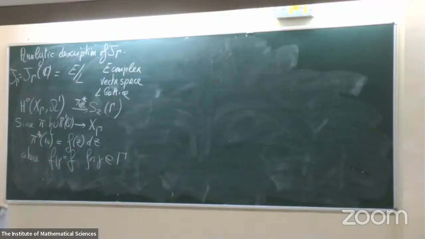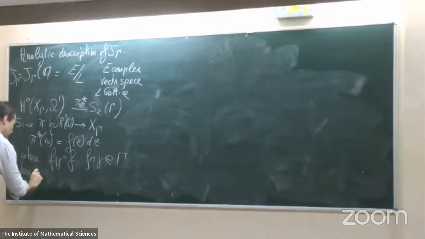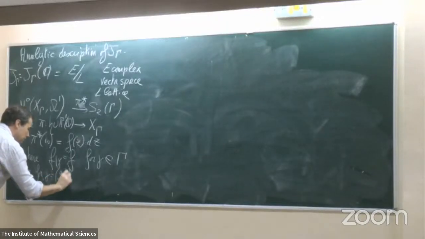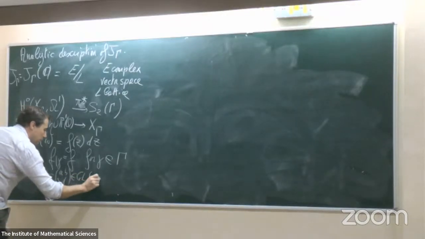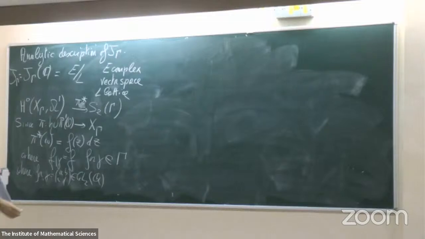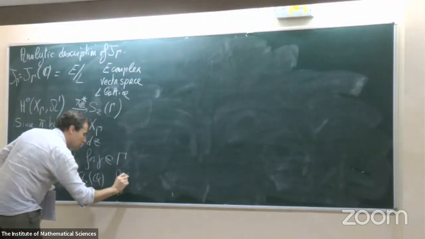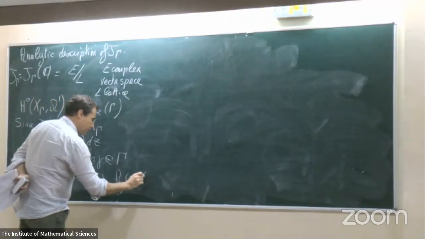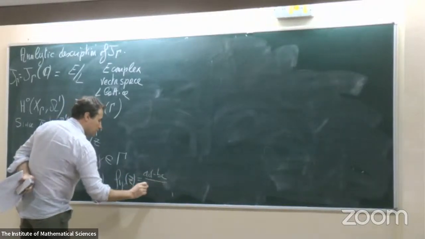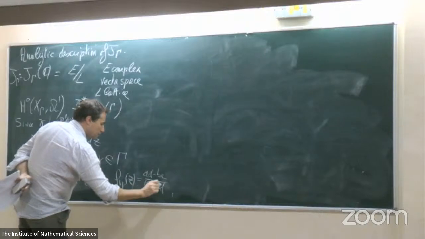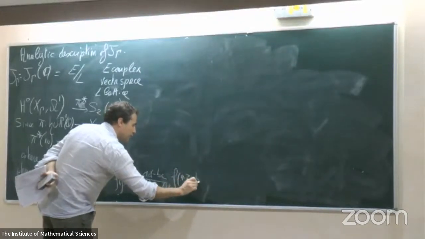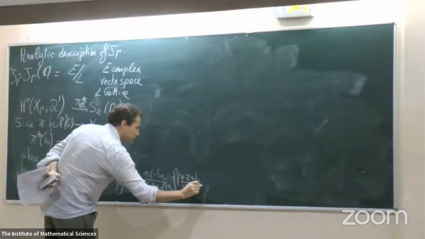What do I mean by slash gamma? For gamma equal to (A B; C D) in GL2 of Q, f slash gamma is another function: (AD minus BC) divided by (CZ plus D) squared, times f of (AZ plus B) over (CZ plus D).